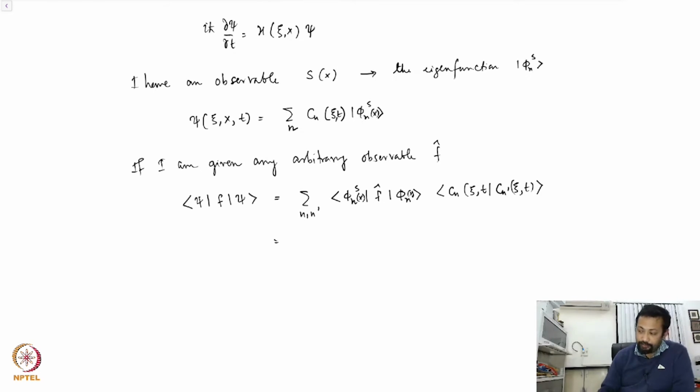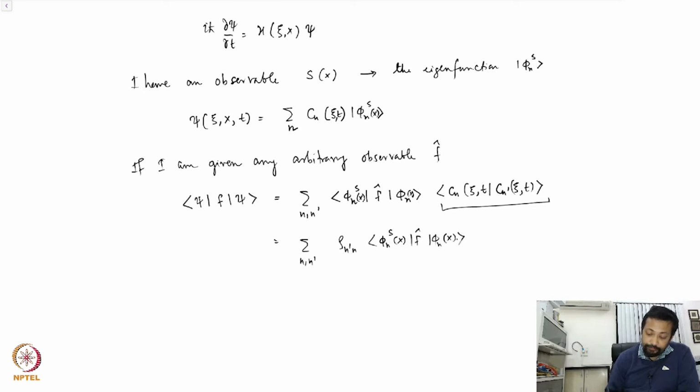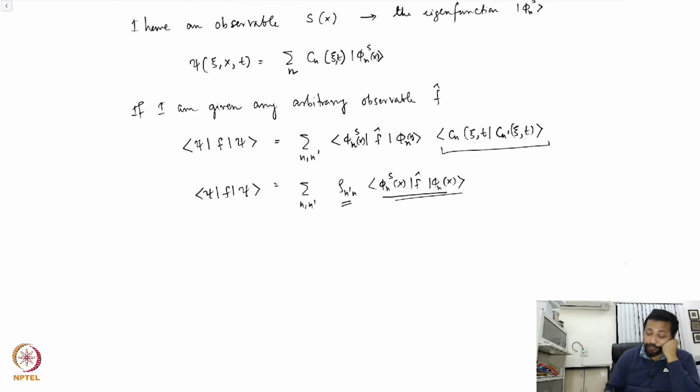Now strikingly, if you look at this expression, this expression is ρ_n'n. I can identify this quantity as φ_n*(s) of x f φ_n. So you see that in this average of the observable f, essentially I have the same statistical expression that I started off with, where this is my quantum mechanical average and this is the probability with which I find the wave function.